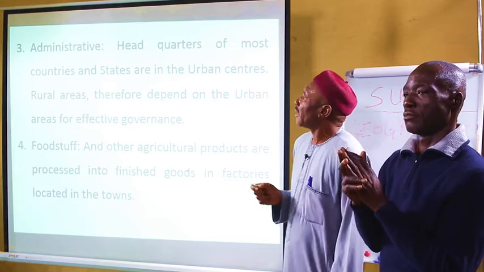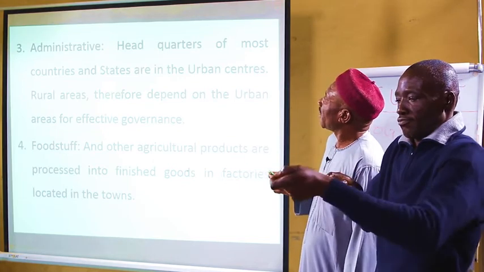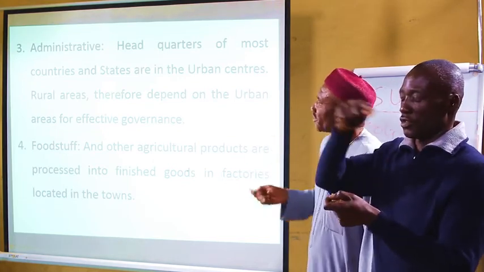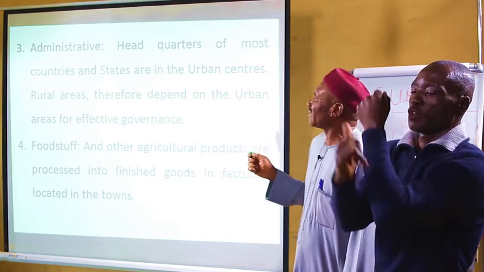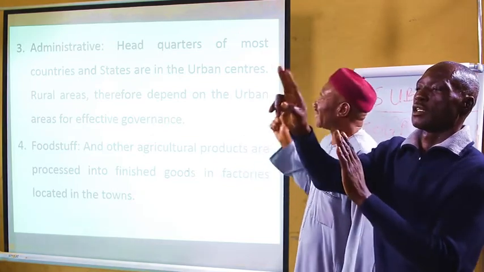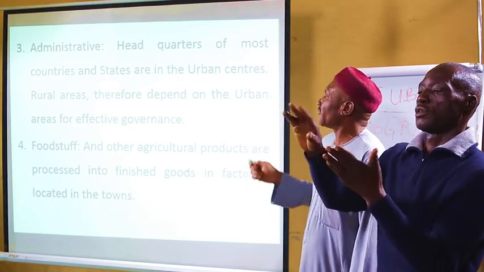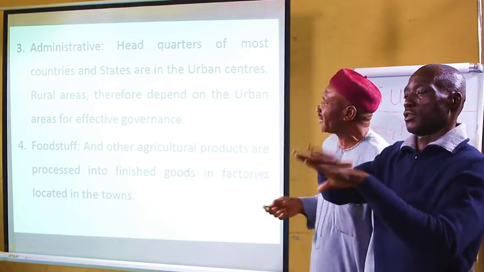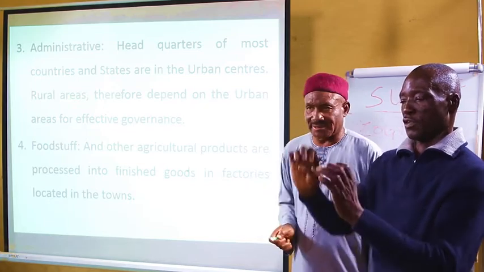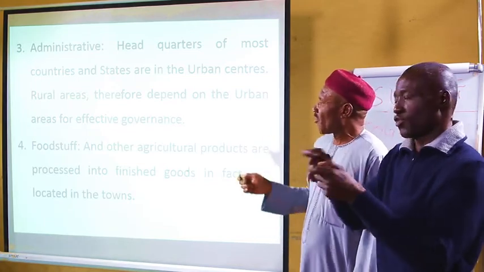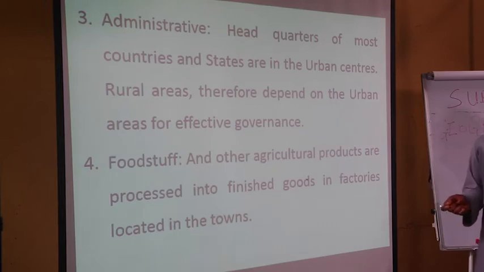Three, administrative headquarters of most countries and states are in the urban centers. Rural areas, therefore, depend on the urban areas for effective governance. Four, foodstuff and other agricultural products are produced or processed into finished goods in factories located in the town.